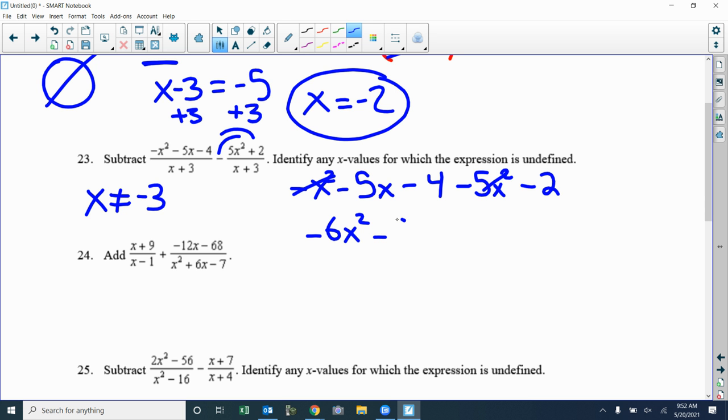I'm going to have minus 5x, and then I'm going to have minus 2. And I'm going to put those over x plus 3, that's fine. I think the answer probably will look something like that and say x cannot be negative 3. Everybody okay there?